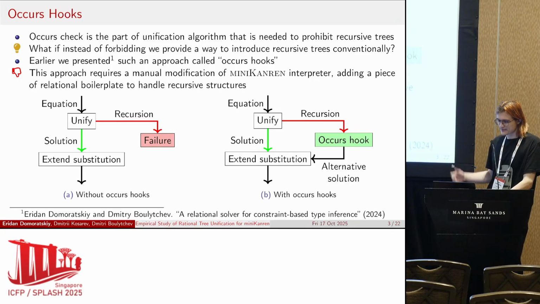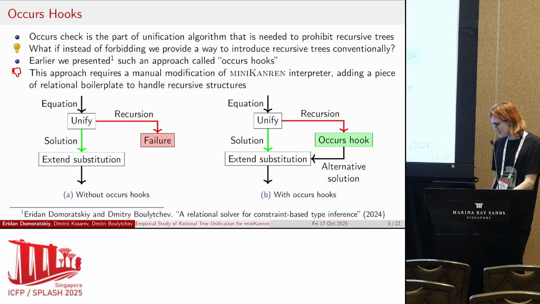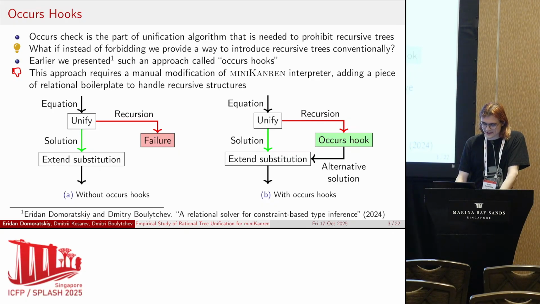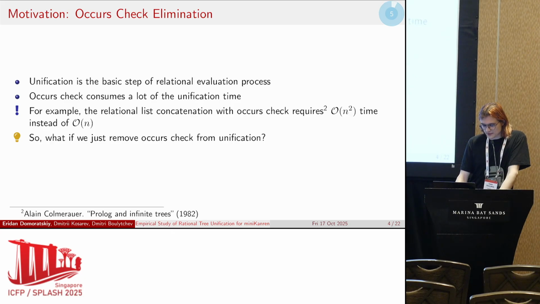So if we have a failure of unification due to recursion, we allow the user to provide an alternative answer, and it works, but poorly. So now we want to try to implement complete unification for rational trees.